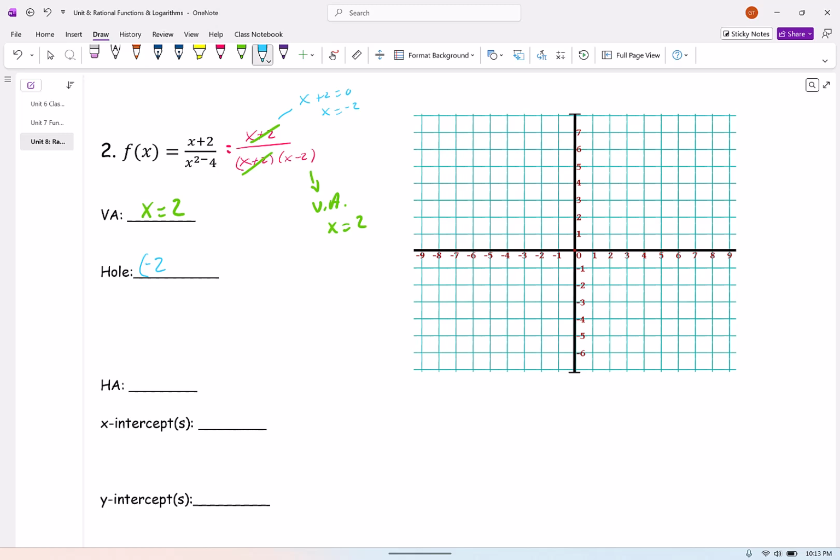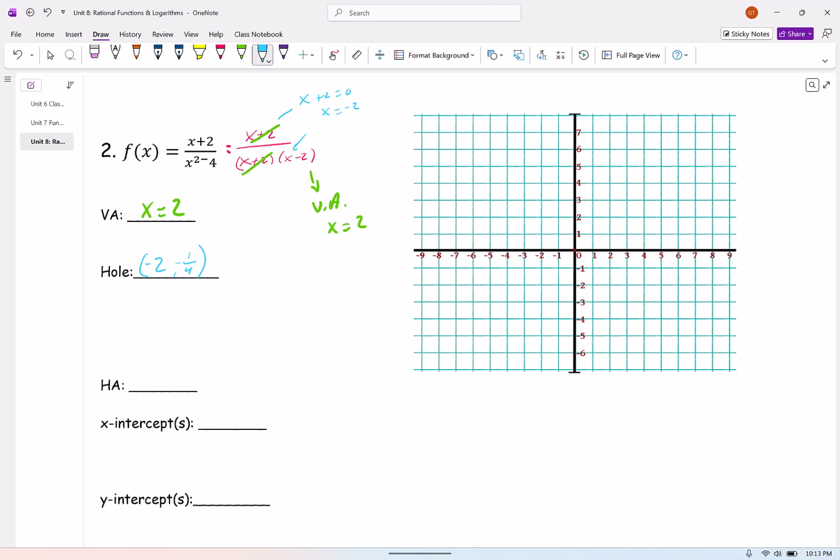Plug in negative 2 for x, I get 1 over negative 4, so negative 1/4. Since I canceled out the term up top, I just put a 1 in there. So it's 1 over x minus 2, but I put negative 2 in for x. Negative 2 minus negative 2... sorry, negative 2 minus 2 is negative 4. So that's how I get the hole.